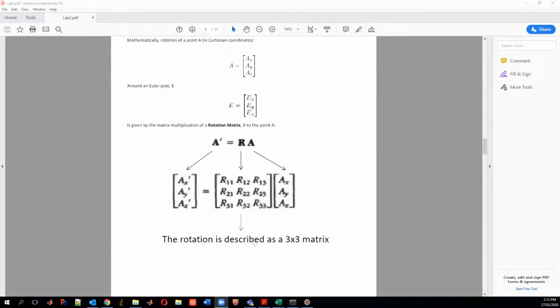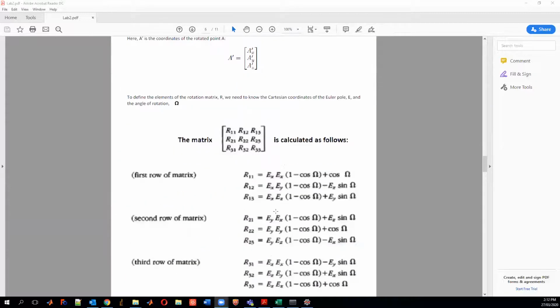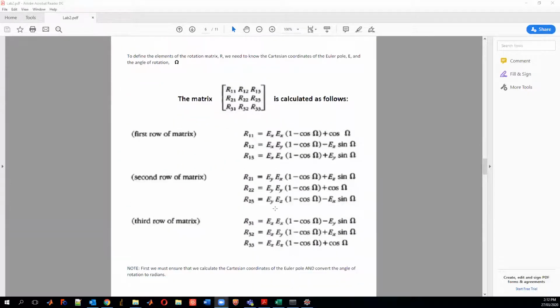So the rotation is described as a 3x3 matrix. This is a little bit of mathematical theory. This rotation matrix can be defined like so. Remember, EX, EY, and EZ are the Cartesian coordinates of the Euler pole. This large omega here is the angle of rotation.